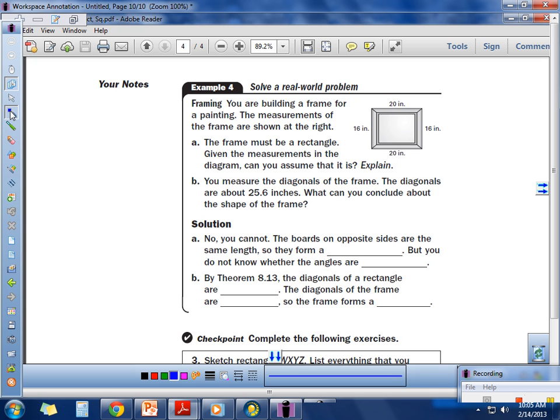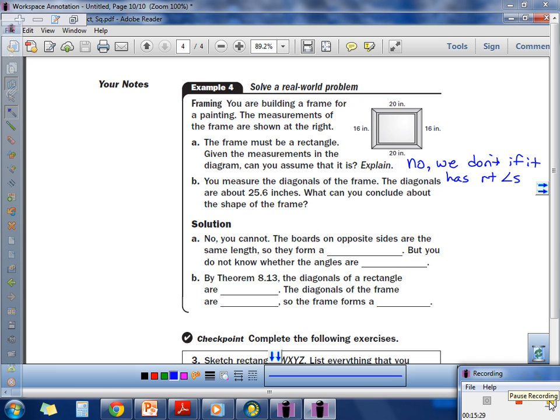Can we say that it's a rectangle? And the answer is no. We can't assume it's a rectangle. Why? We don't know the angles. We don't know if it has right angles, which was the major property of a rectangle.